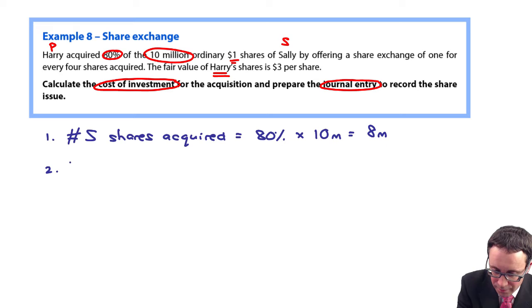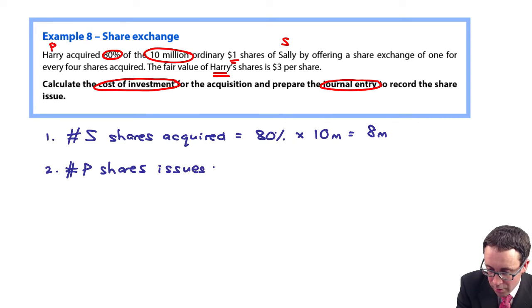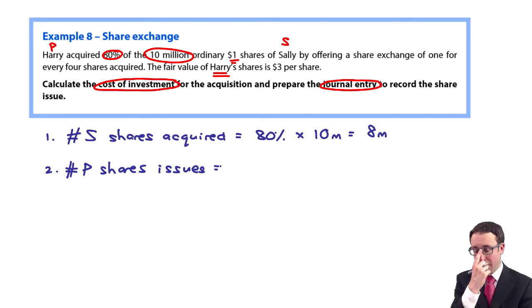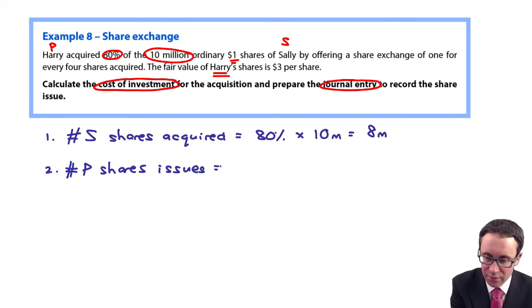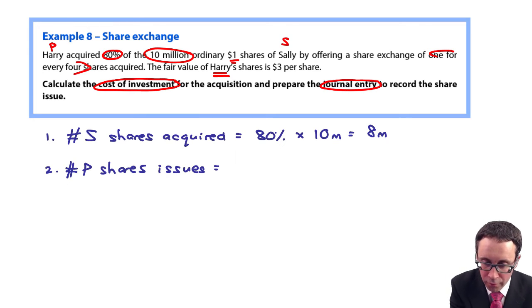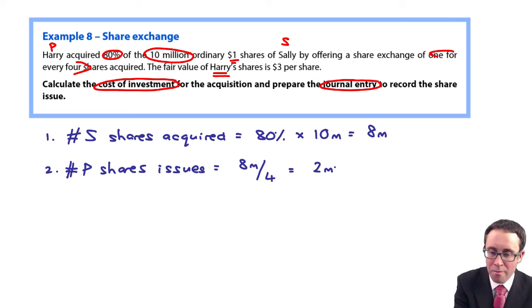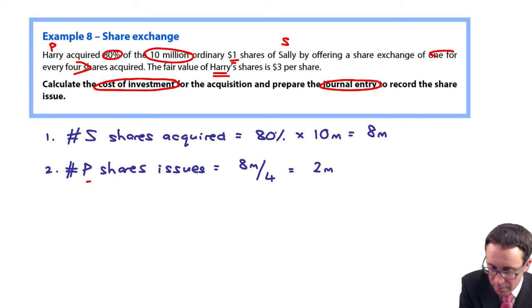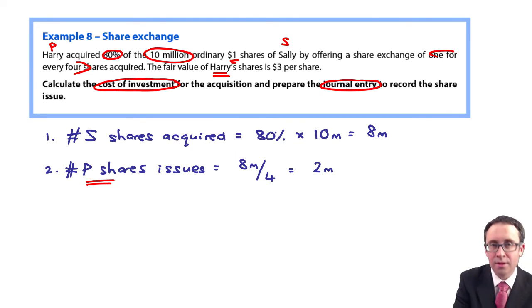Step number 2 is to look at the number of P shares that are then issued in exchange for the receipt of those 8 million S shares to give us control. And it is a 1 for 4. So therefore, we do 8 million divided by 4, which is 2 million P shares that have been issued.